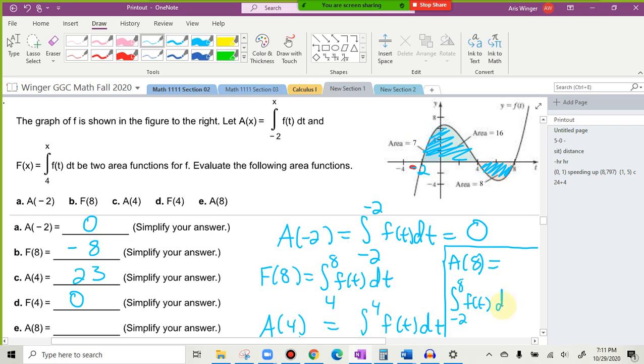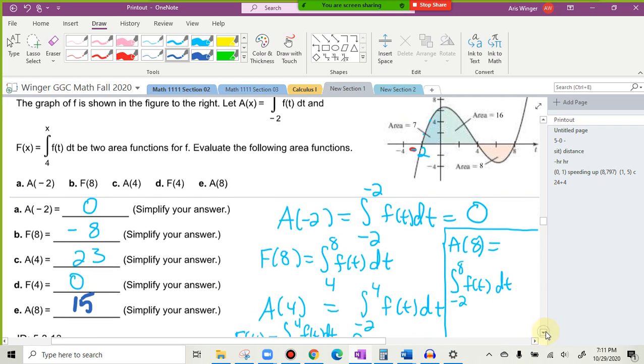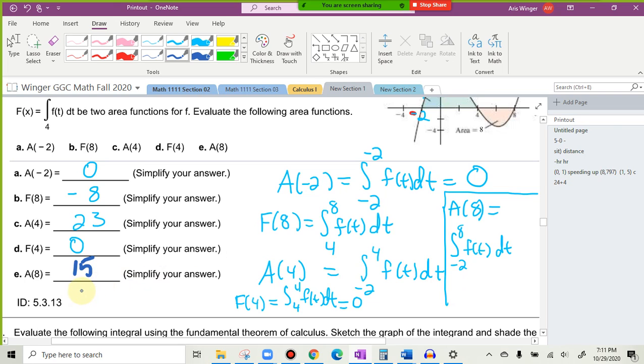Looks like that's the whole thing. So let's clear this. That means I've got this 7 plus that 16 minus that 8. 15. Seven plus 16 minus 8.